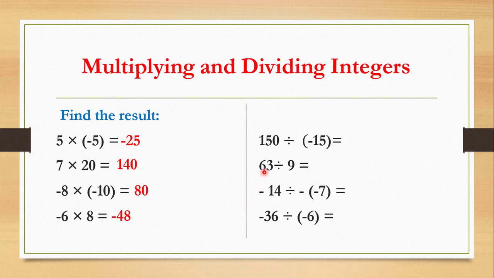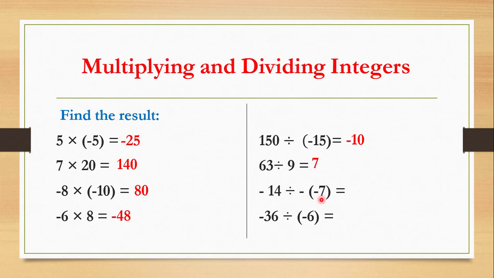The same in division. Here we have different signs, so the result will be negative. 150 divided by 15 equals 10, so we have negative 10. 63 divided by 9, the same sign, so the result will be positive, so we have 7. Negative 14 divided by negative 7.